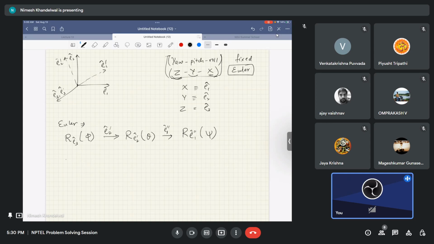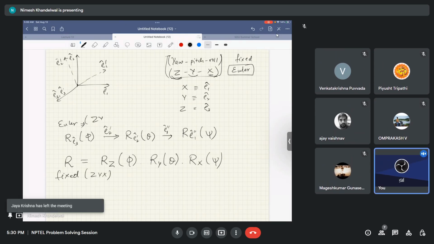So the final rotation matrix will look something like this, in terms of fundamental rotation matrices: Rz phi multiplied by Ry theta multiplied by Rx psi. But if you had used fixed angle ZYX, this is Euler ZYX.